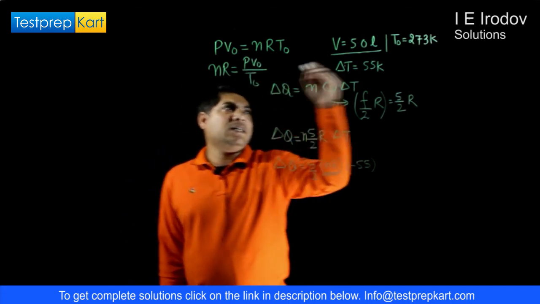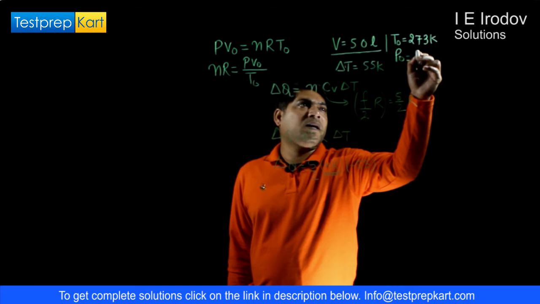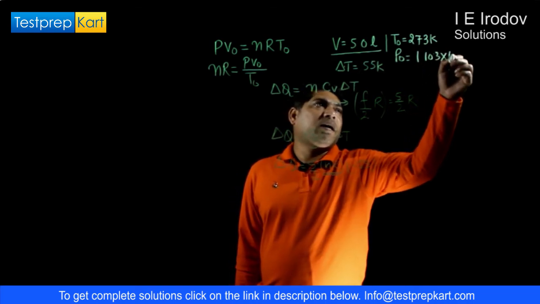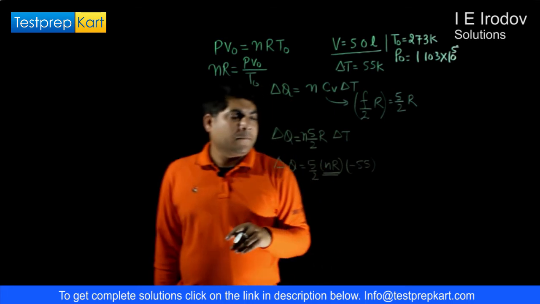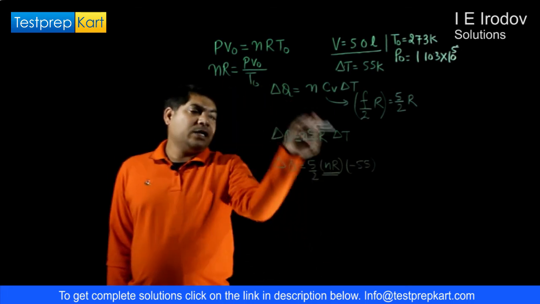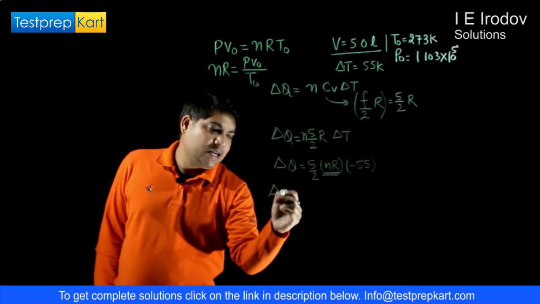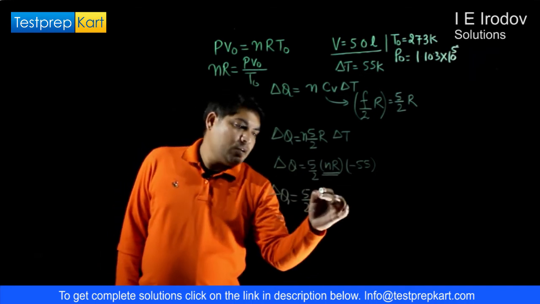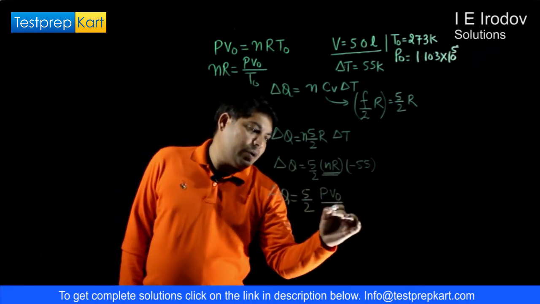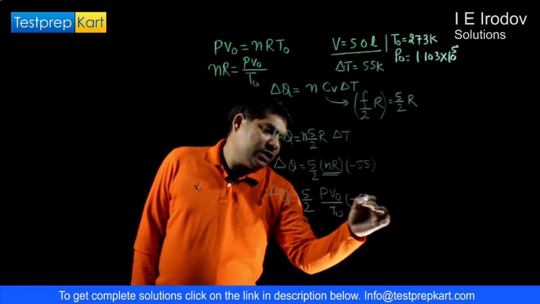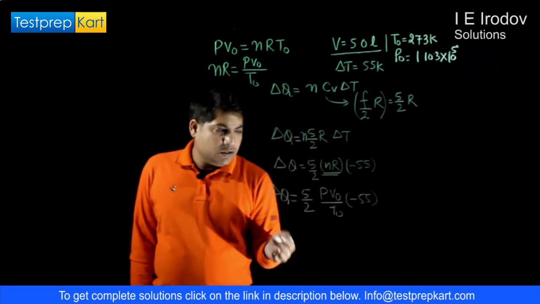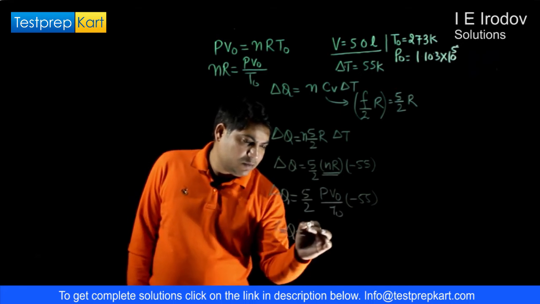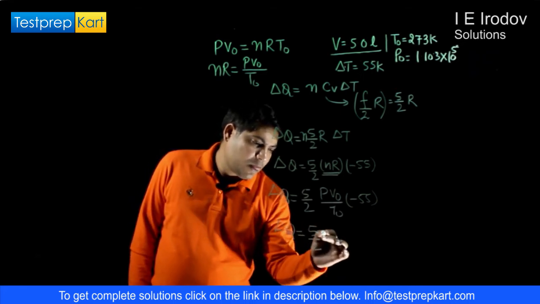This is standard condition, so here P is 1.103 into 10 to the power 5. We can replace this nR, so we get delta Q is equal to 5/2 into P V naught upon T naught into minus 55.